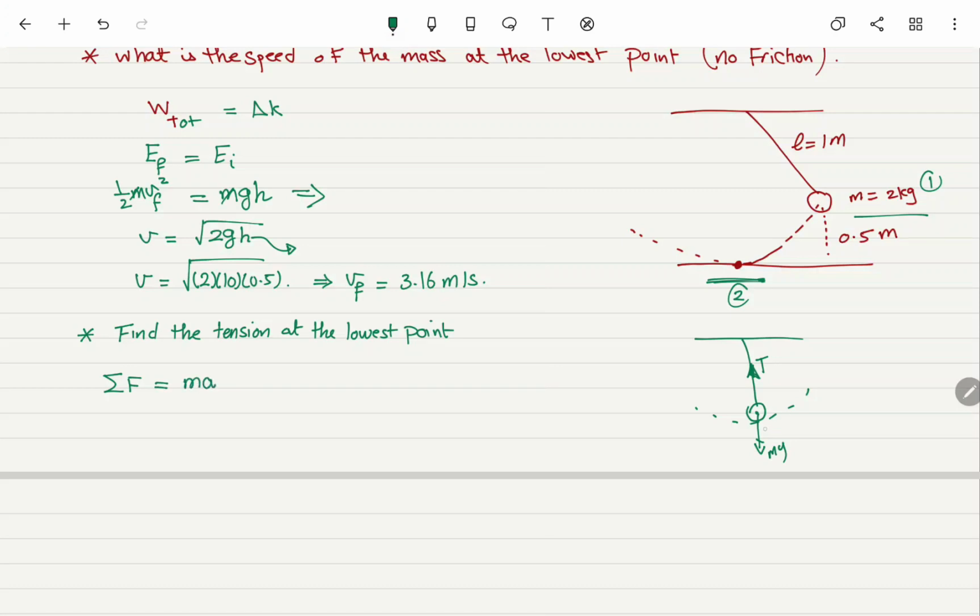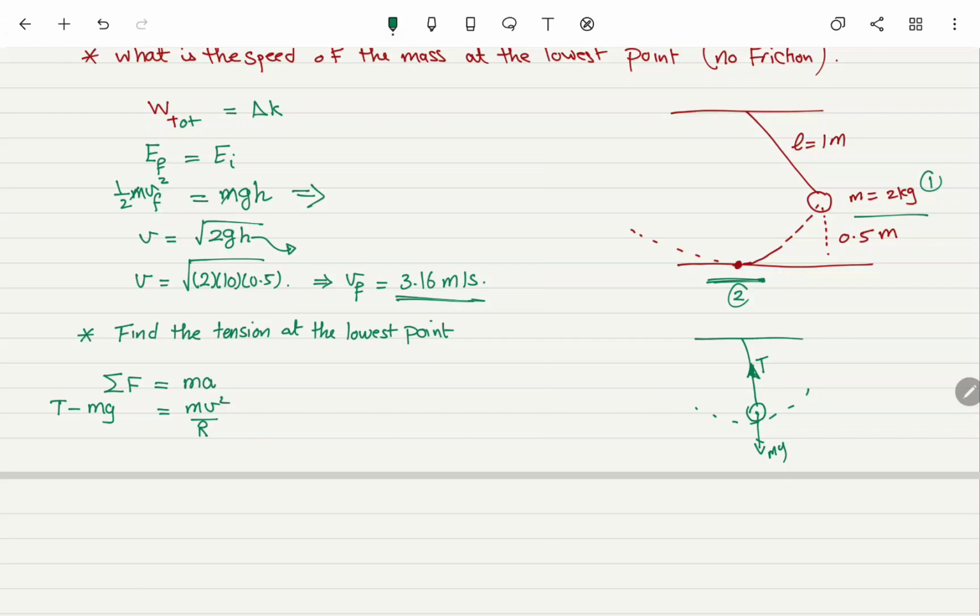The acceleration in this case is the radial acceleration, so sum of all forces equal to mv square over r, where r is the radius of the circular path, which in this case is the length of the rope. Now sum of all forces is tension minus mg equal to mv square over r, and v we just calculated from this part.